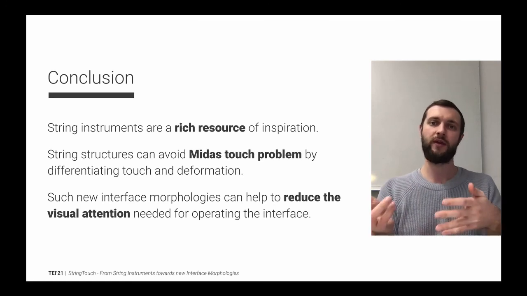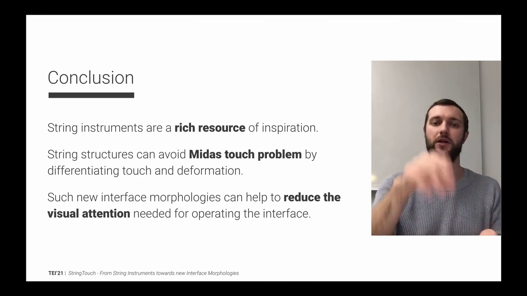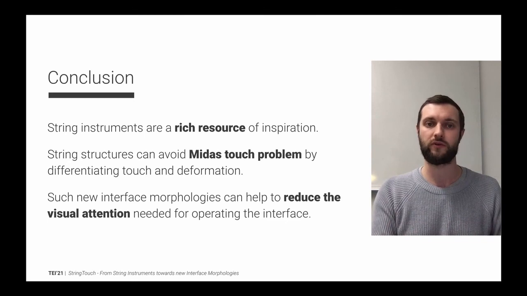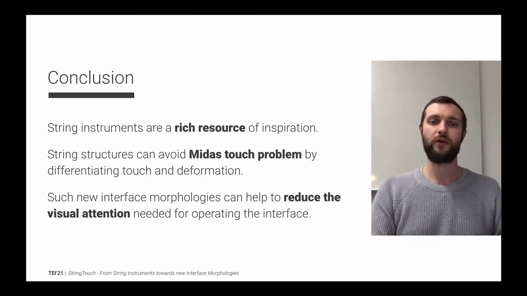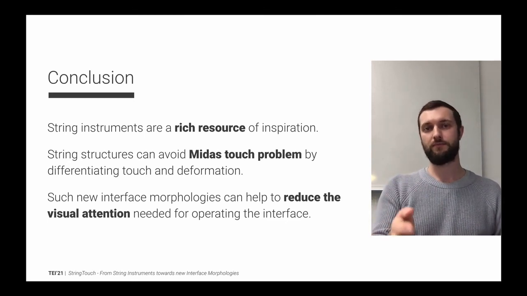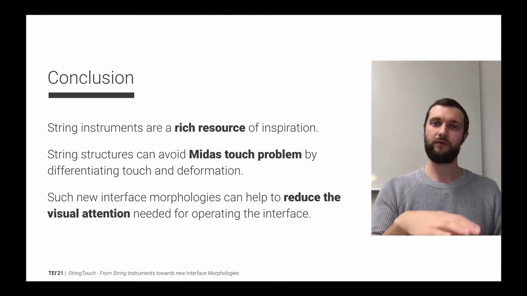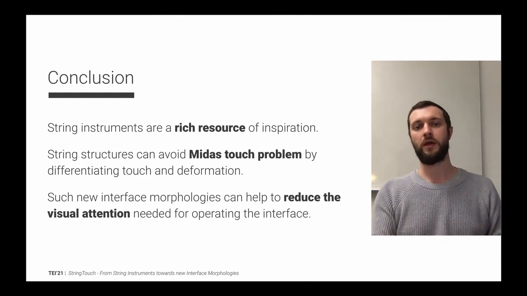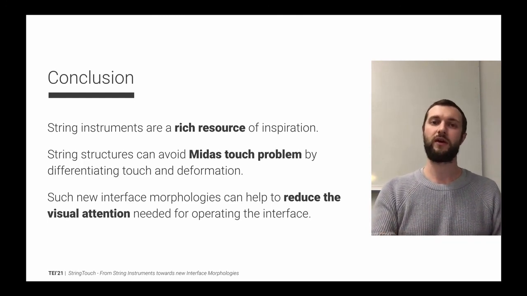So we could have a hover state and an interaction state, which is a big problem on touch surfaces. Further, we saw that people can actually feel differences in the different designs, and this could be used to reduce visual attention which is needed to operate the interface.